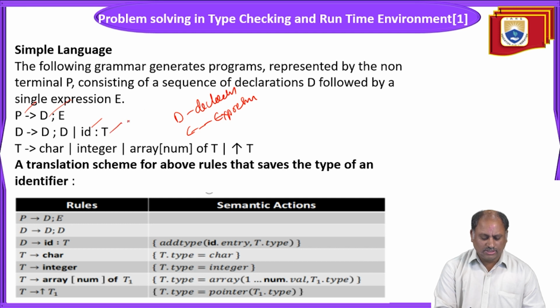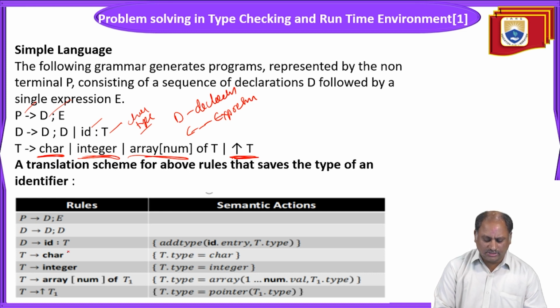T means either character, integer, type. What is the type? It is character type, integer type, array type, pointer type. So that is to be mentioned as a semantic action while describing this information. Suppose if T is of type character, then the type checking performed is T dot type equal to character.